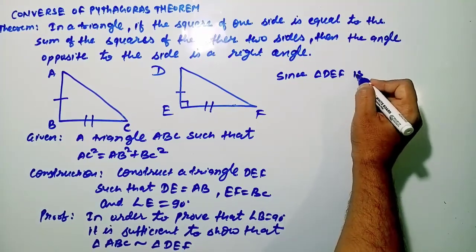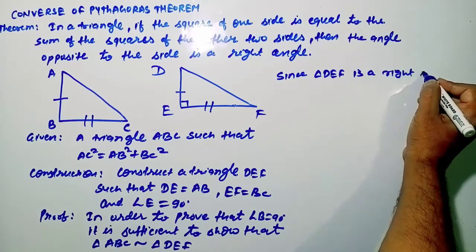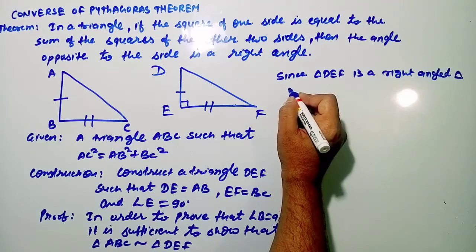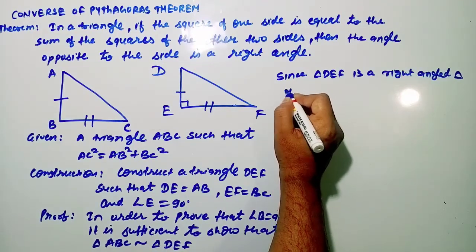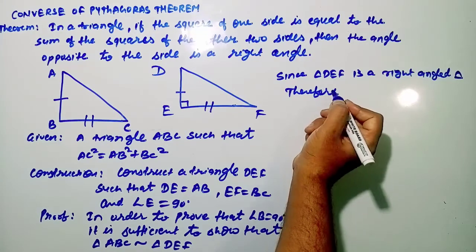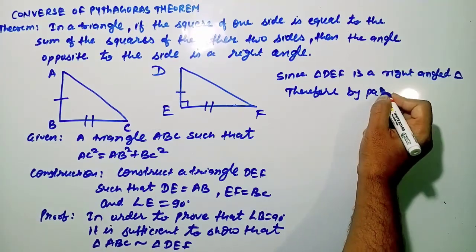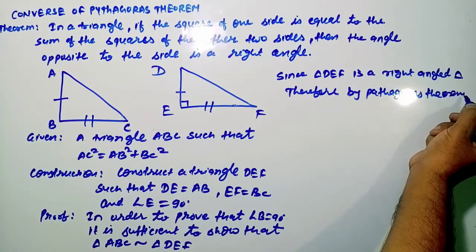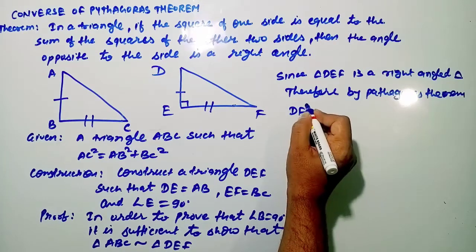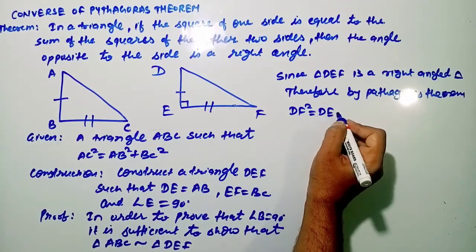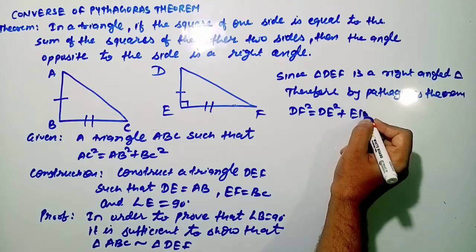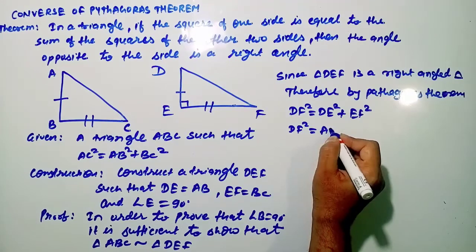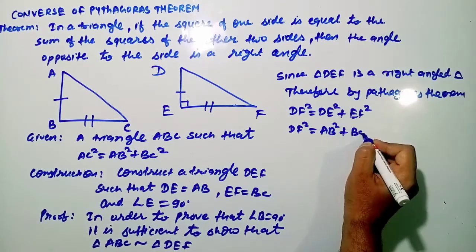Since DEF is a right angled triangle, we can apply the Pythagoras theorem over here. So therefore, by Pythagoras theorem, DF square is equal to DE square plus EF square, where DE is equal to AB and EF is equal to BC.